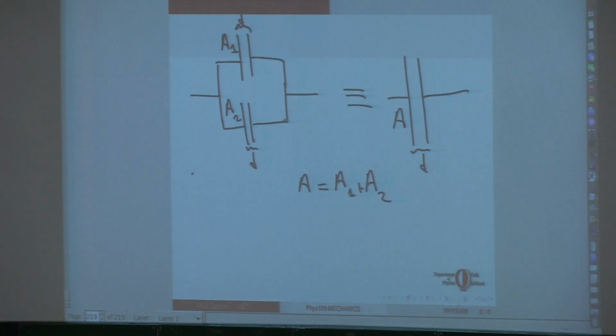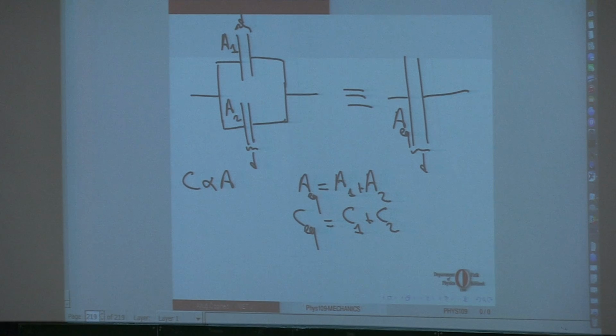And remember the capacitance, if D is constant, is proportional to the area. So the equivalent capacitance is equal to C1 plus C2. Because C1 is nothing but A1 times some constant, C2 is area A2 times the same constant, and C equivalent is the equivalent area times exactly the same constant.